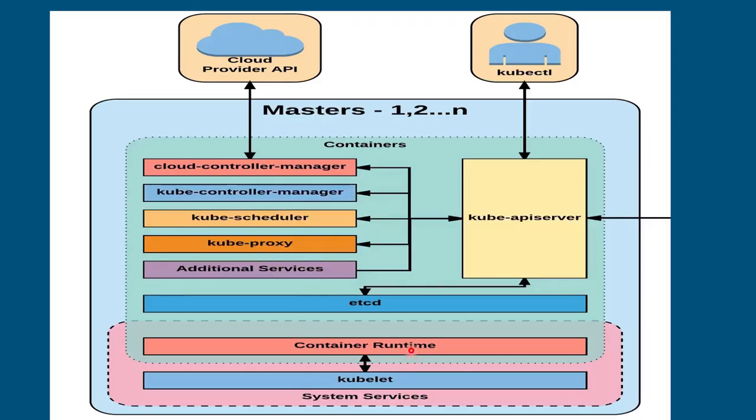So if we take a look here, we can see these system services, the kubelet, and the container runtime, all interacting with the etcd and the API server. That is where the user is actually interfacing with the master node. And we can see here additional services such as the kube proxy, the scheduler, cloud API managers, kube controllers.